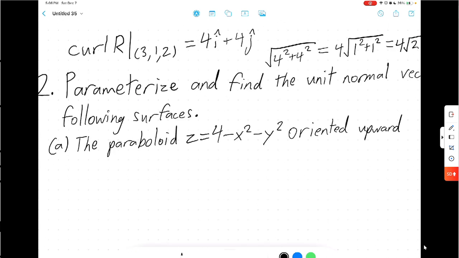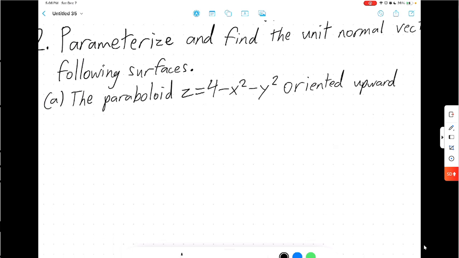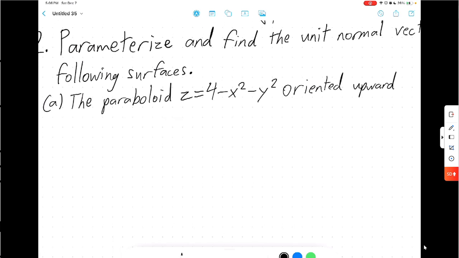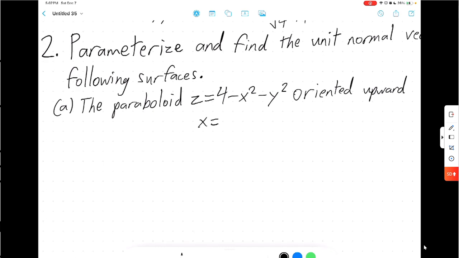Okay, so first we're going to do the parameterization. Whenever we see an x squared and y squared, we're probably going to deal with a cosine and sine for those. So we're going to have x equal to r cosine theta, and y equal to r sine theta.